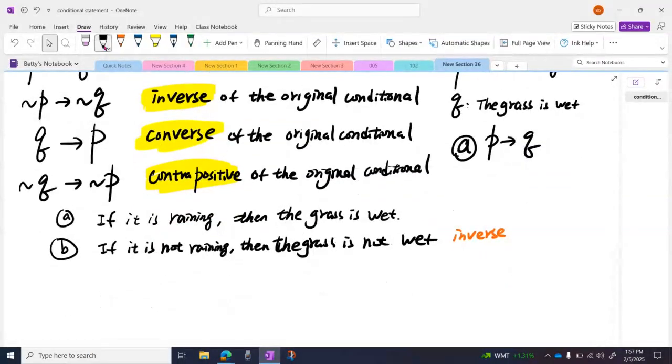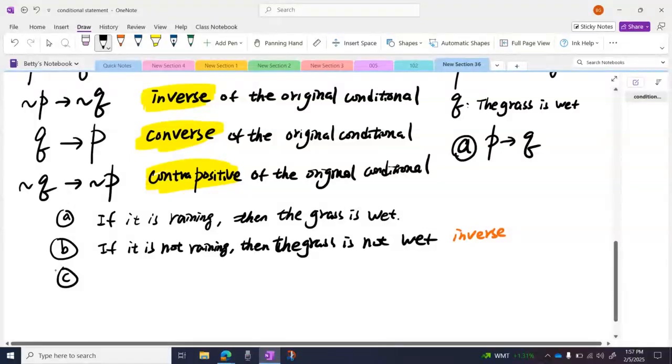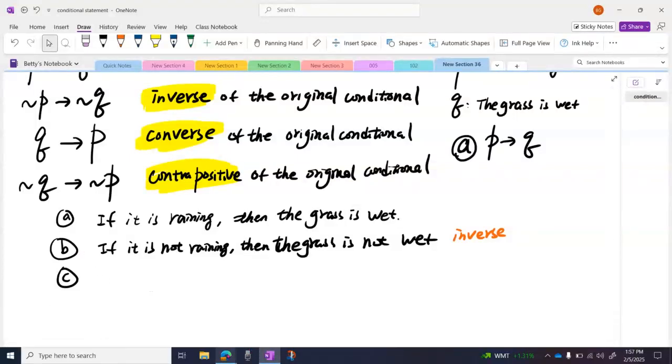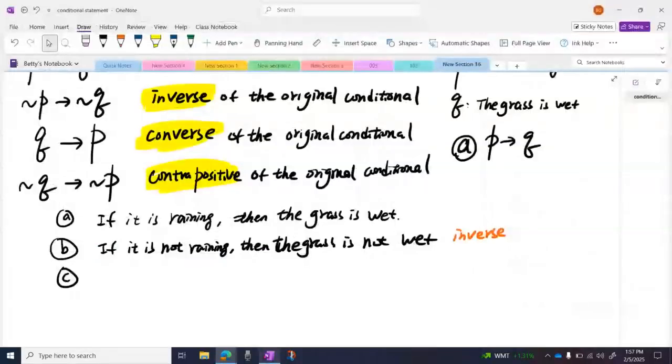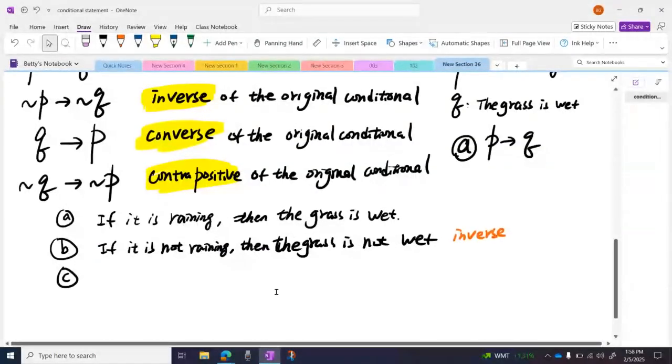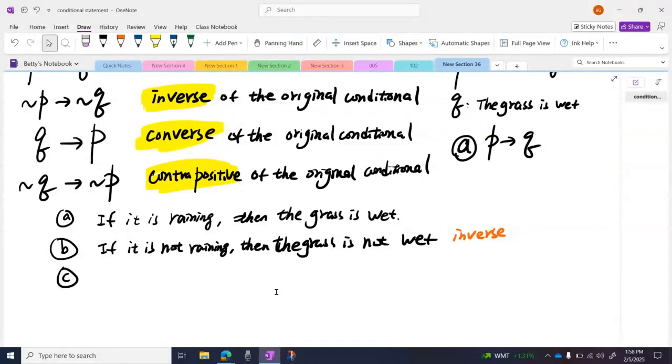Can you help me to write a converse? Let's label it as C. How do we describe the converse of statement A? If it is wet, then it is raining. Yes, thank you. That's correct. Jennifer's answer is correct. So the converse interchanges or swaps the order of the antecedent and consequent, right?